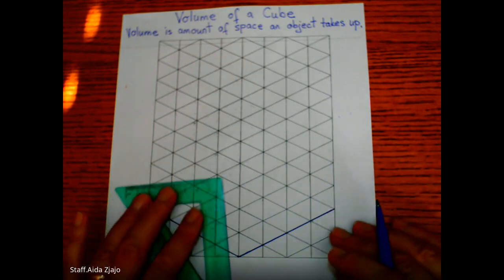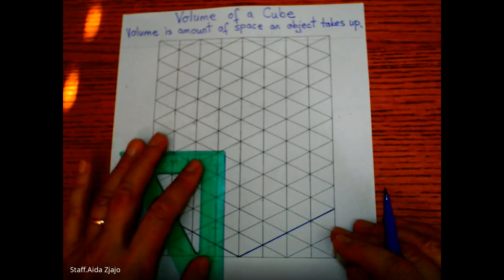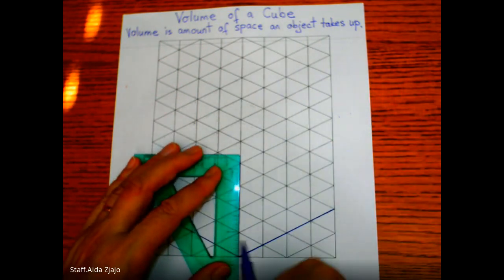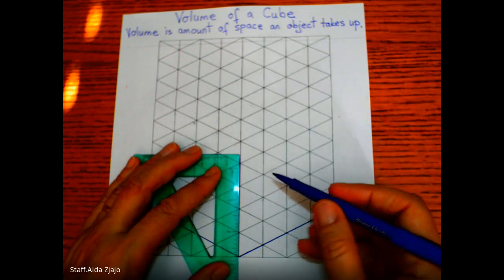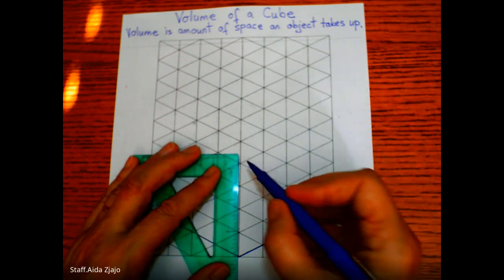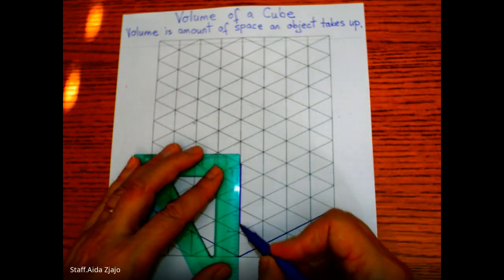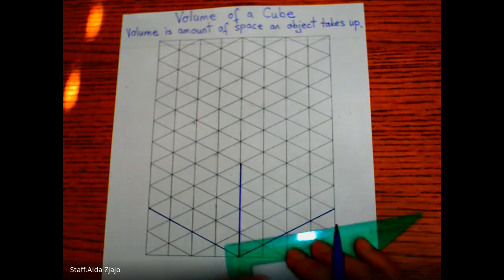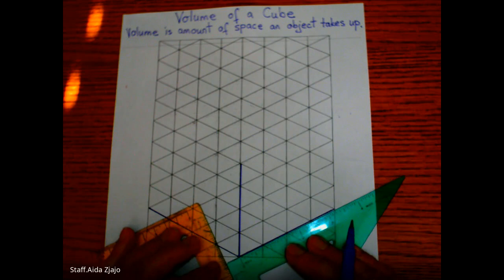And then I need a height for the cube. So I'm going to use 1, 2, 3, 4, because a cube has to have all four sides the same, all sides are the same and all are squares.